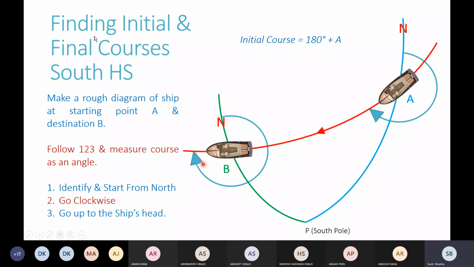So what we know now is the internal angle B, that is this particular angle, but we want to know the angle represented by this arc. So can you tell beta what will be the final course in this case? 360 minus B, sir. Very good. That will be 360 minus B. Let's see how.